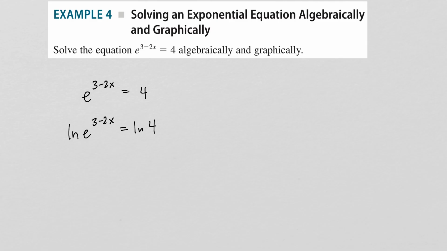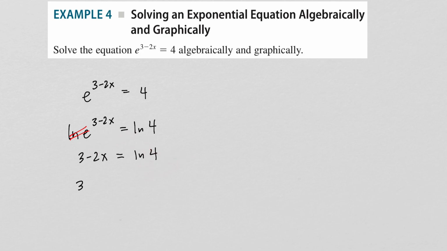Now, in the last example, I brought down the exponent and then I canceled natural log of e. You can actually take away the natural log of e right away because this is one of our properties of logarithms. So if I do that, we get 3 minus 2x equals the natural log of 4. Now from here to solve for x, I am going to move my 2x to the other side and I'm going to bring the natural log of 4 over here.